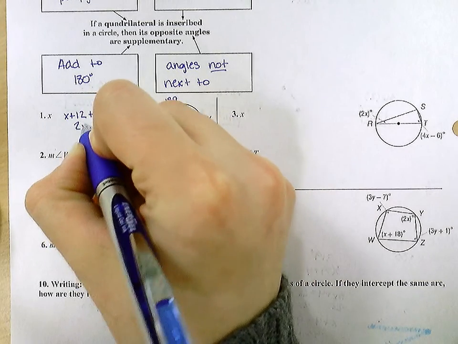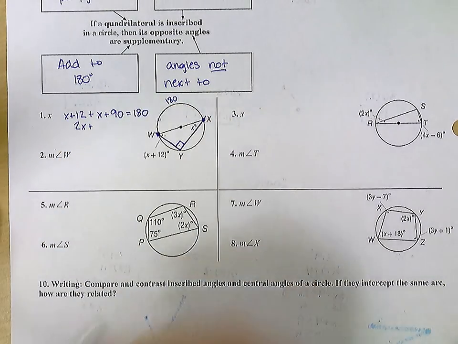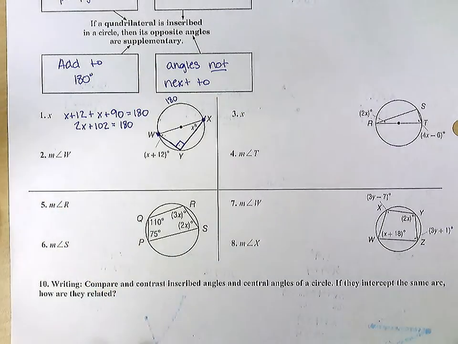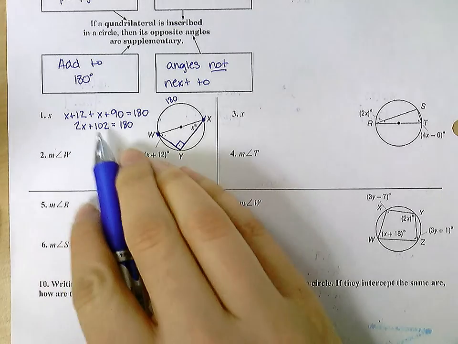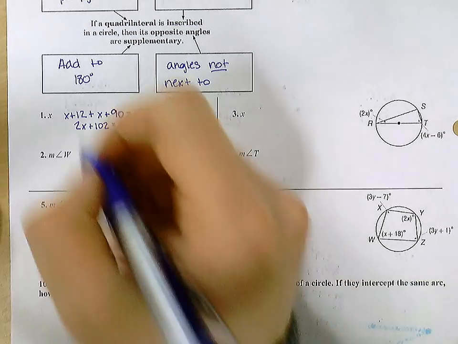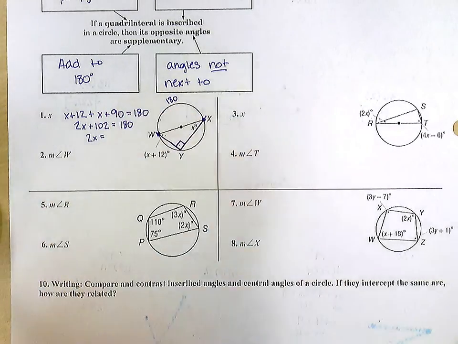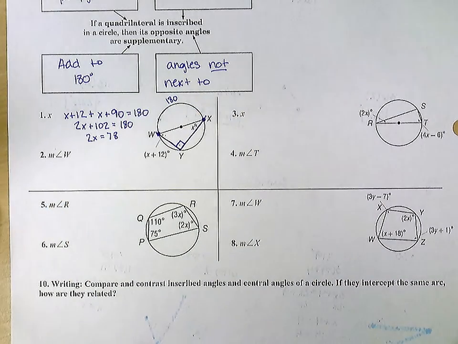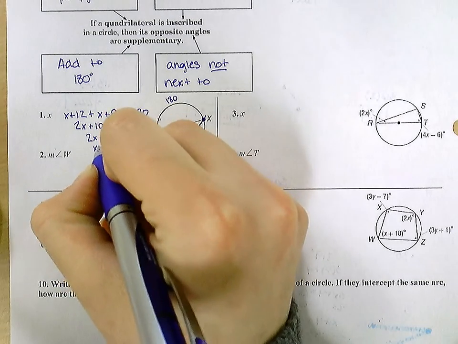Okay, so we end up with 2X plus 102 equals 180. Subtract 102 from both sides of your equation. And then divide by 2.